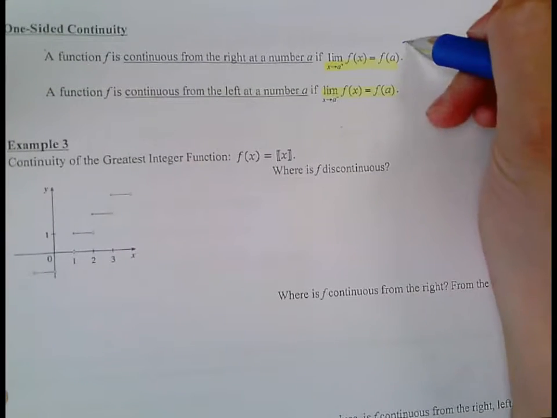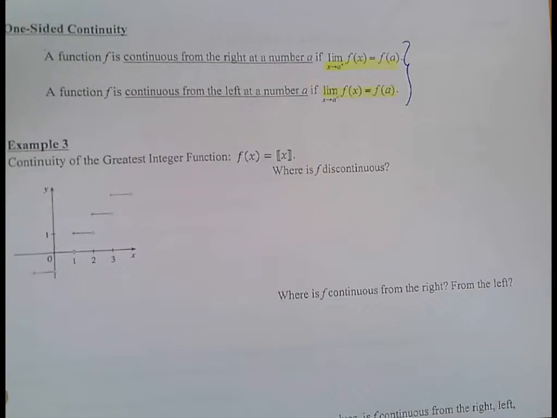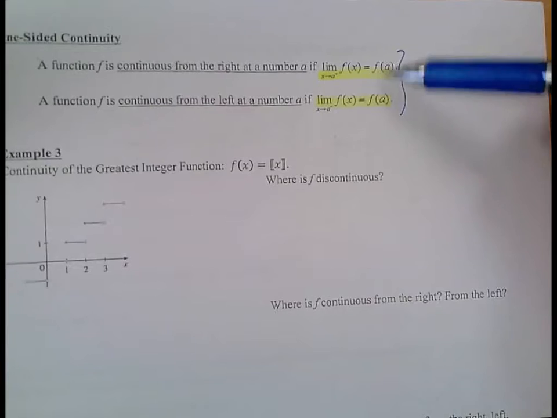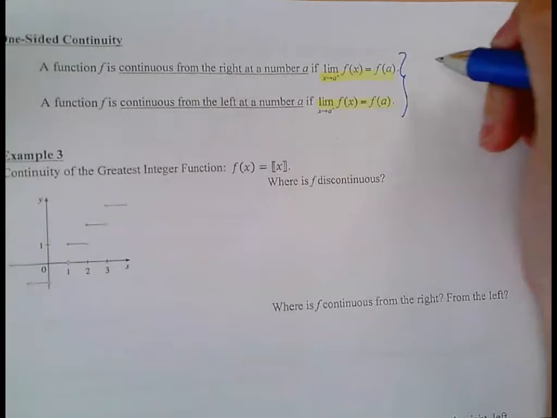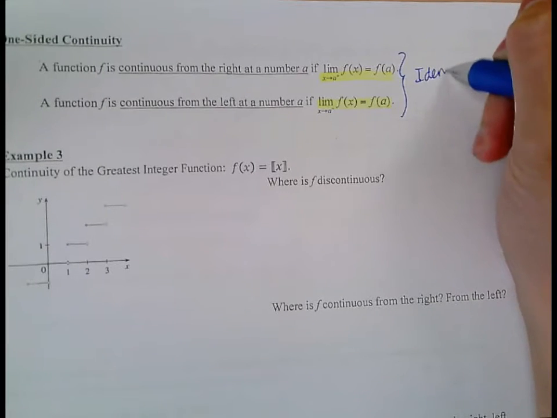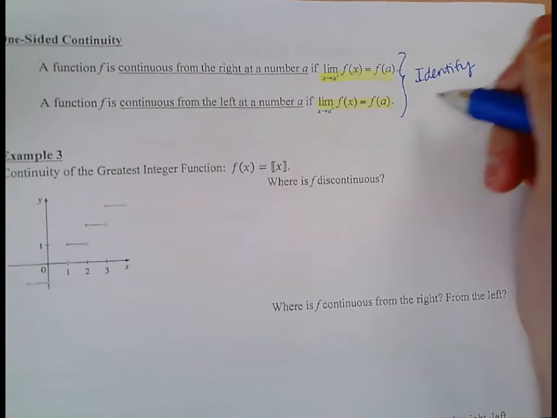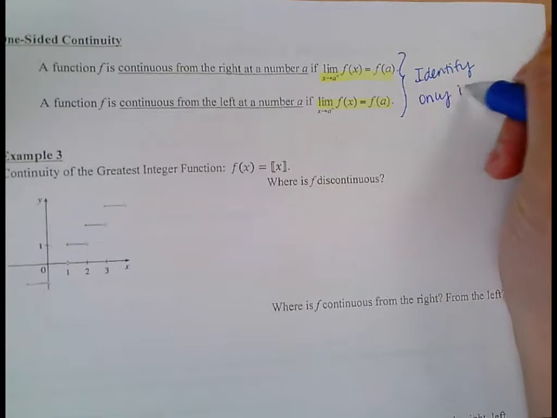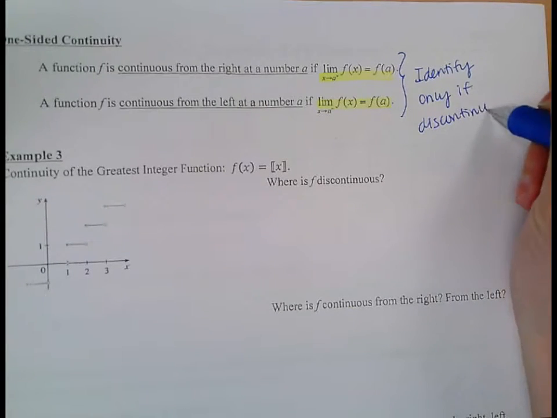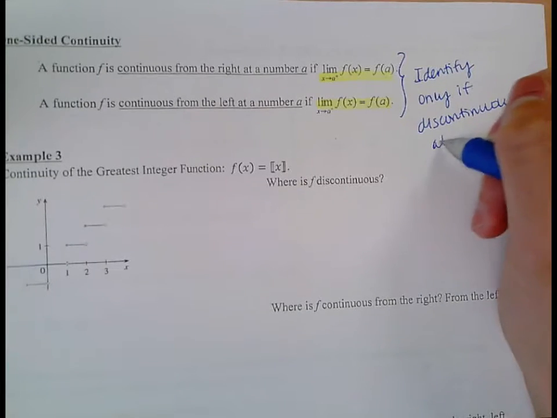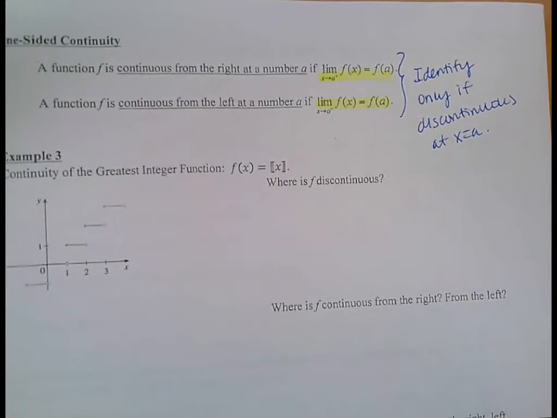So the only time you really identify one-sided continuity, this only happens if it's discontinuous at a. If your limit from your right or from your left are going to be different, then you would look for the one-sided continuity. So if you want to make a note, you identify this only if discontinuous at x equals a.